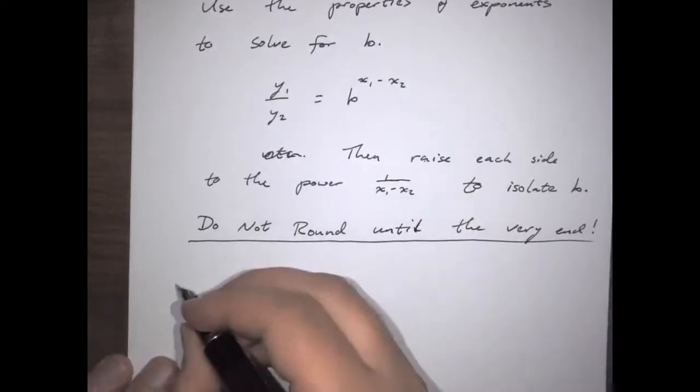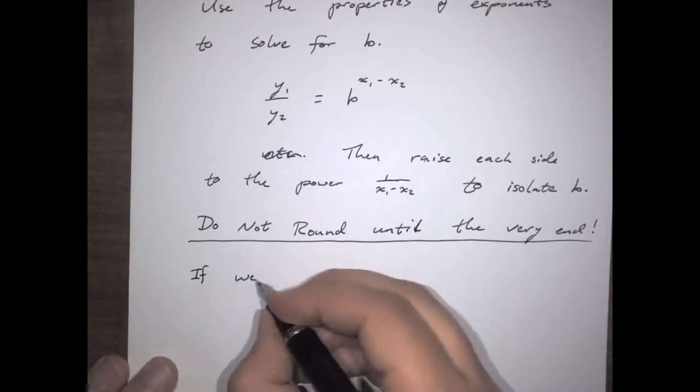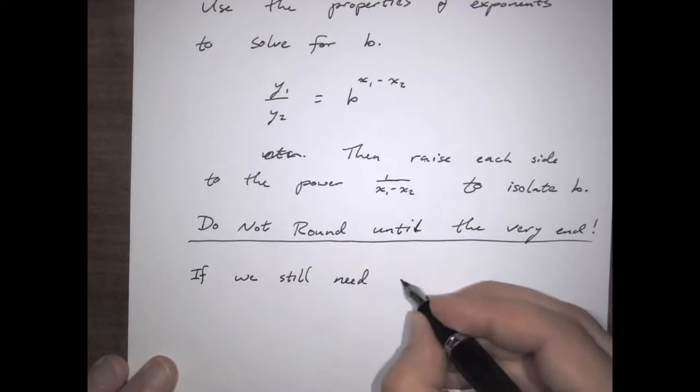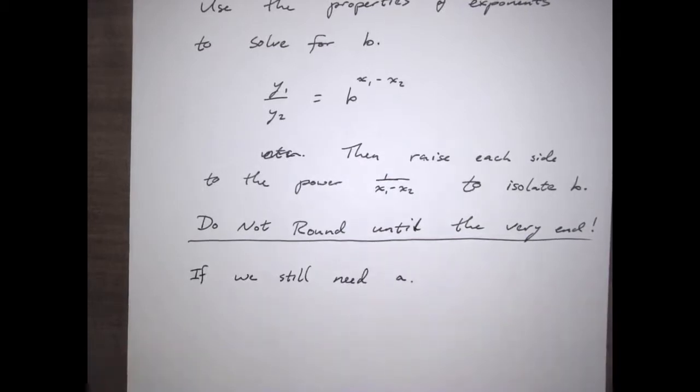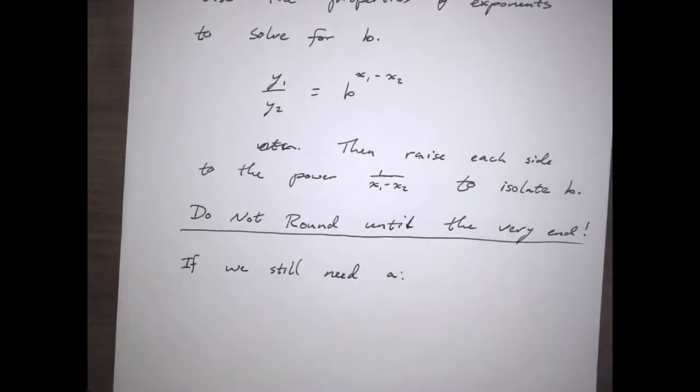Then, if we still need a, so namely if one of the points wasn't already the y-intercept, then we can solve for a.